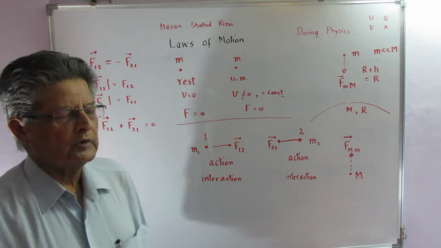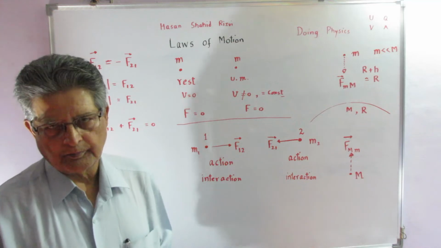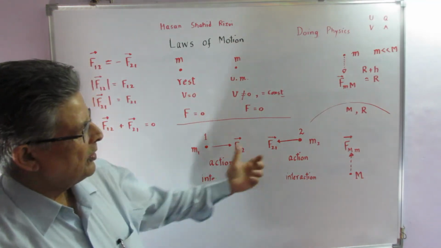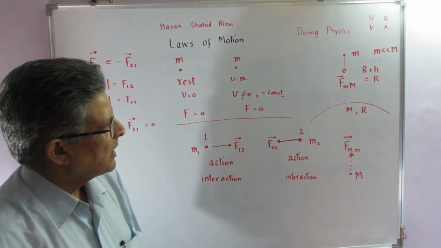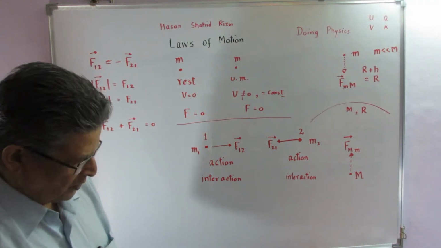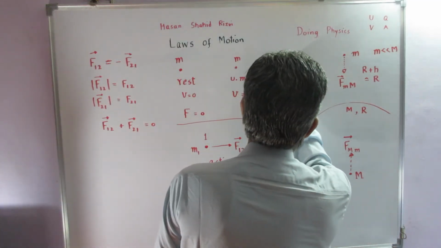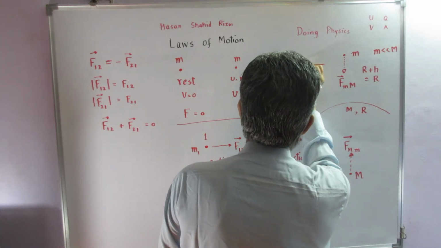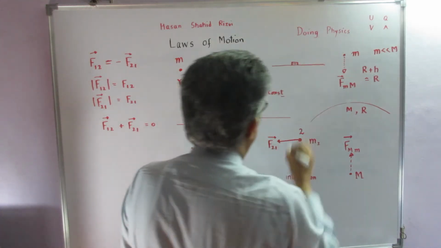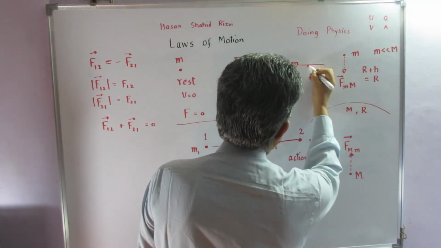And the idea was, what is the state of motion of a body? And what is responsible for that state of motion of a body? For example, I'll just introduce to you like this, that there is a body which is lying on the top of your table.